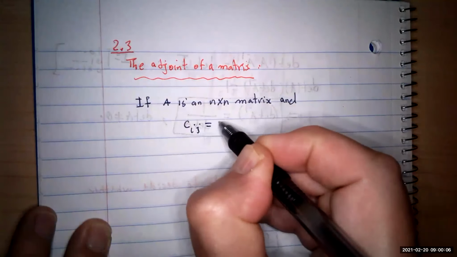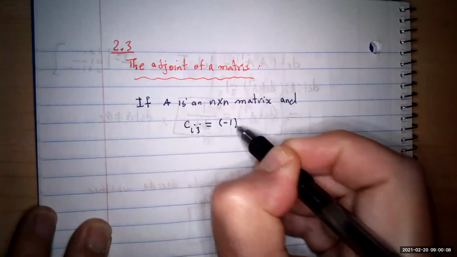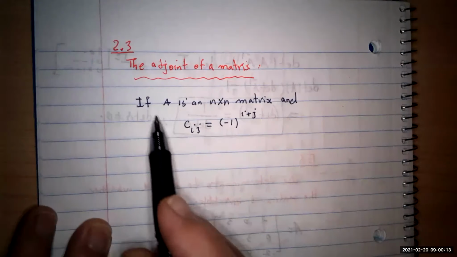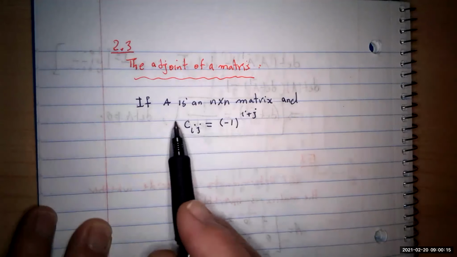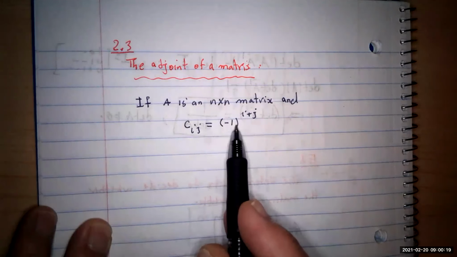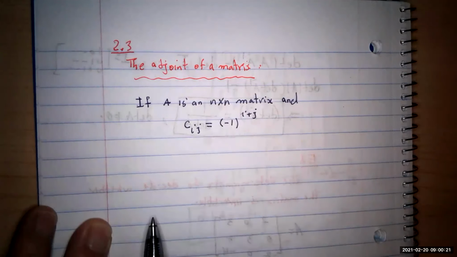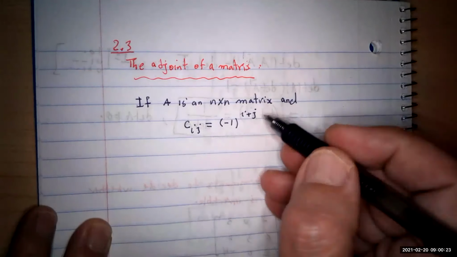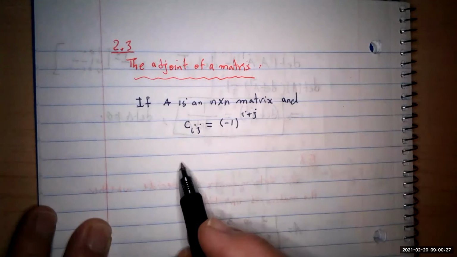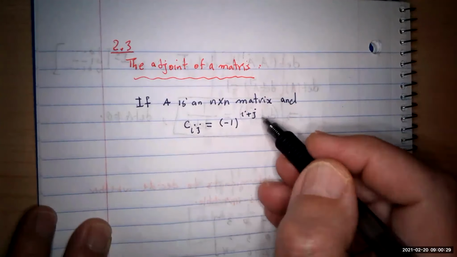Cij is equal to (-1)^(i+j) times the following: from the matrix, we delete the i-th row and the j-th column, and we find the determinant of the resultant matrix. Remember that determinant of the resultant one, we call it Mij if you like.